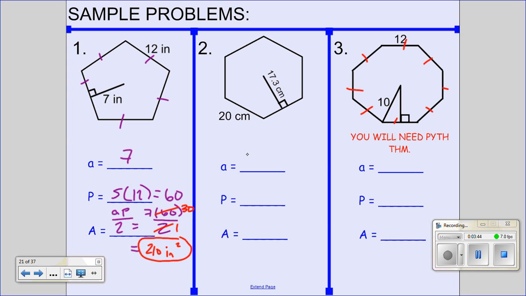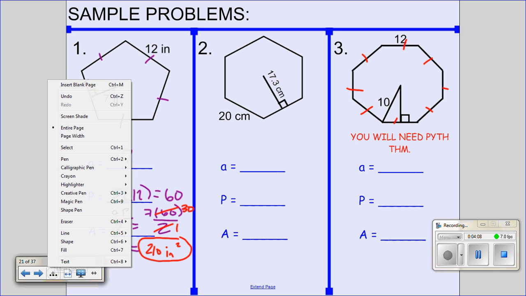That's your hint. Since this side that is 10 is slanted and not perpendicular with the side, that's not your apothem. Again, the apothem has to be perpendicular. The right angle should be beside the line, not some other line. So that's our clue that we don't have the apothem yet.